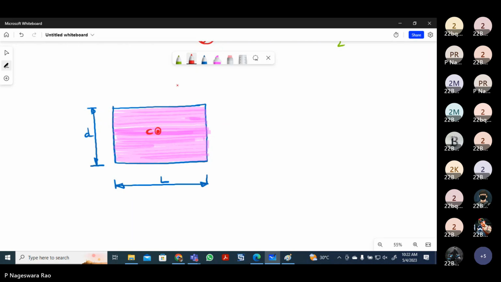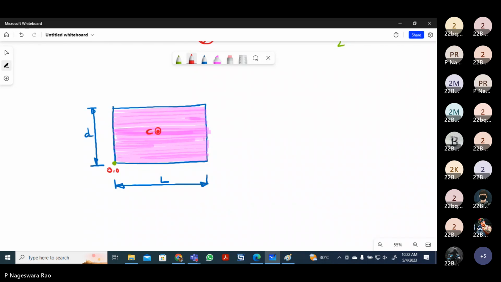Before writing the formulas for the centroid, we must assume the origin, because we need to measure with respect to some reference point. So we have to select that reference point. For a standard point of view, I am assuming this bottom corner as the origin.